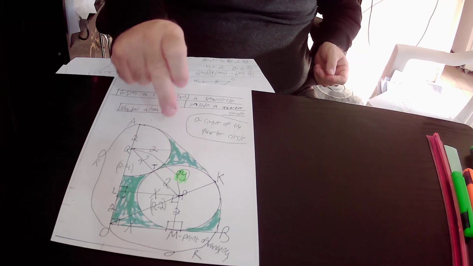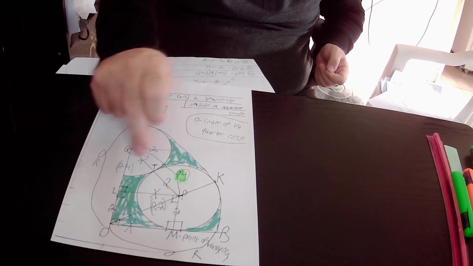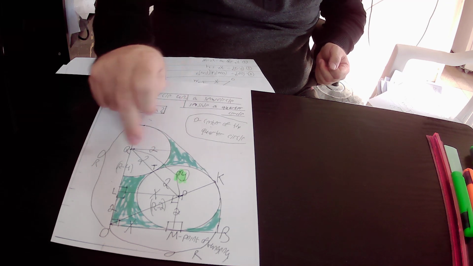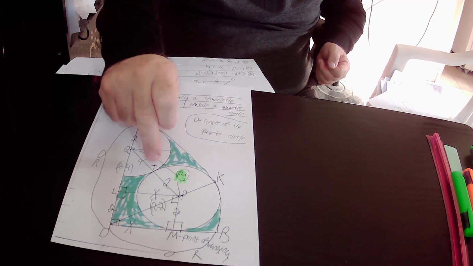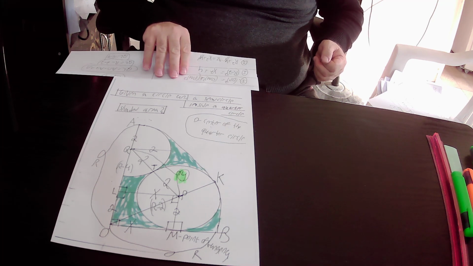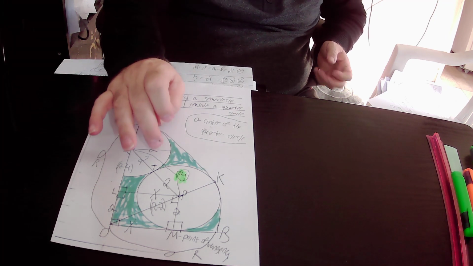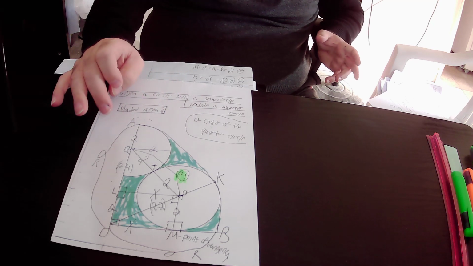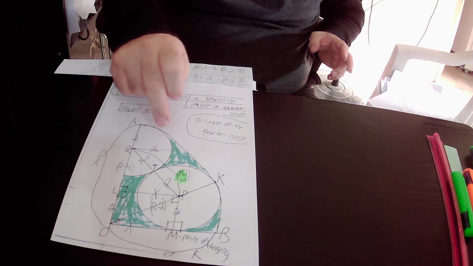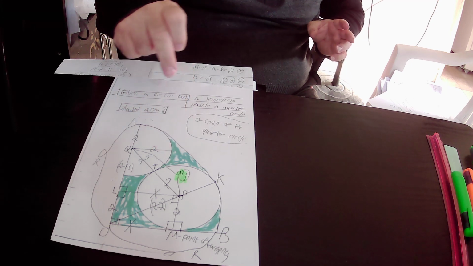This point is the touching point of the semicircle and the circle itself. So we defined the touching point of the circle and the semicircle as point T. Actually, at point T, the circle and the semicircle touch externally.